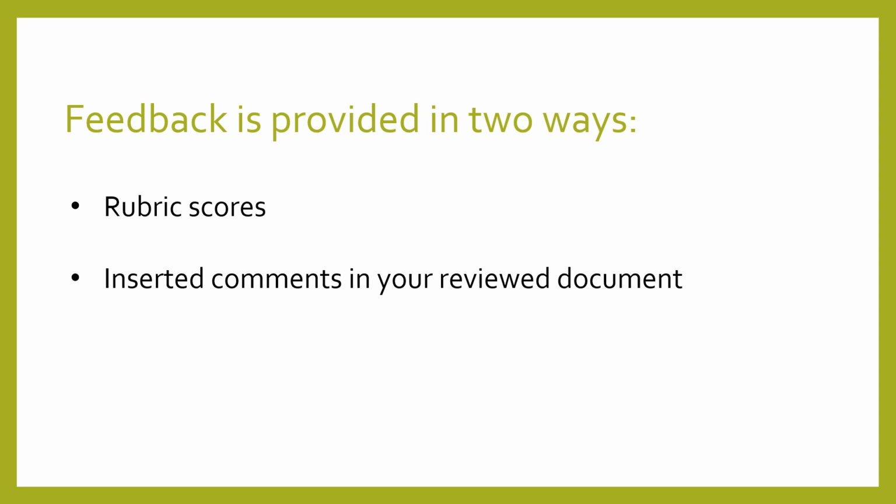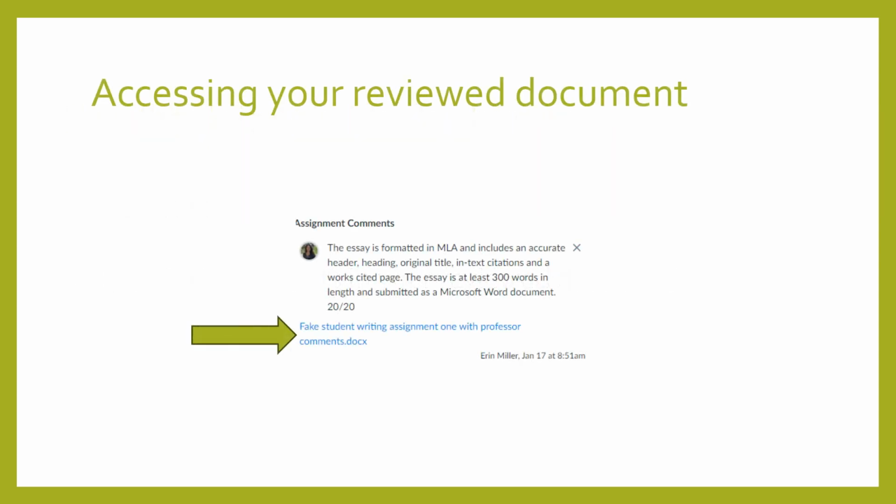Okay, so hopefully everybody already knows by now, but I'll just reiterate. The feedback for written assignments for this course is delivered two ways. First, you have your rubric scores, and the other is going to be a reviewed document. The rubric scores are in the comments there on the assignments tab.